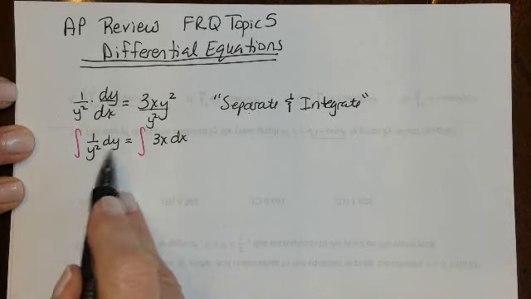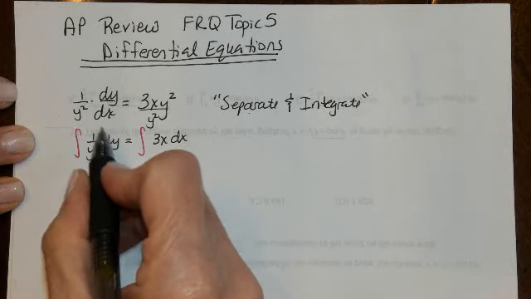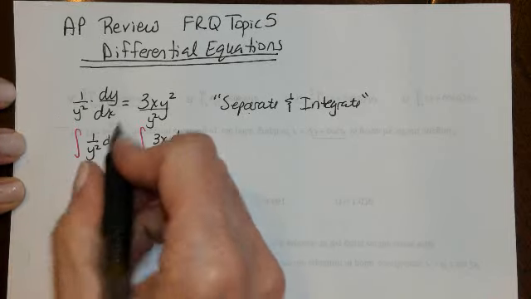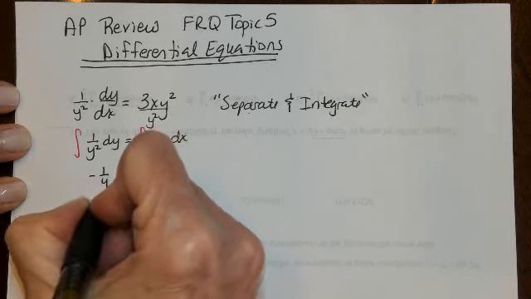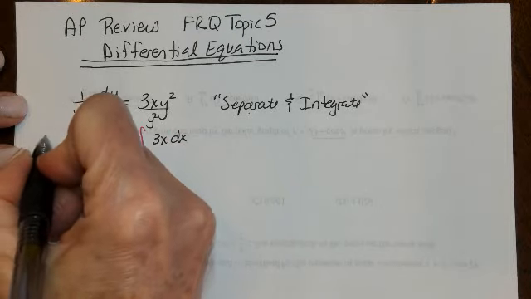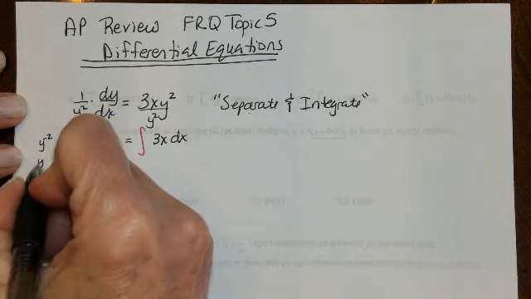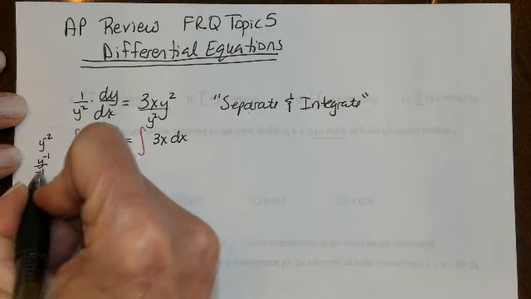This integral is with respect to y and this integral is with respect to x. And the antiderivative of 1 over y squared is negative 1 over y. And if you don't see that readily, think of 1 over y squared as y to the negative 2, raise the power by 1, and then divide by that power, right?